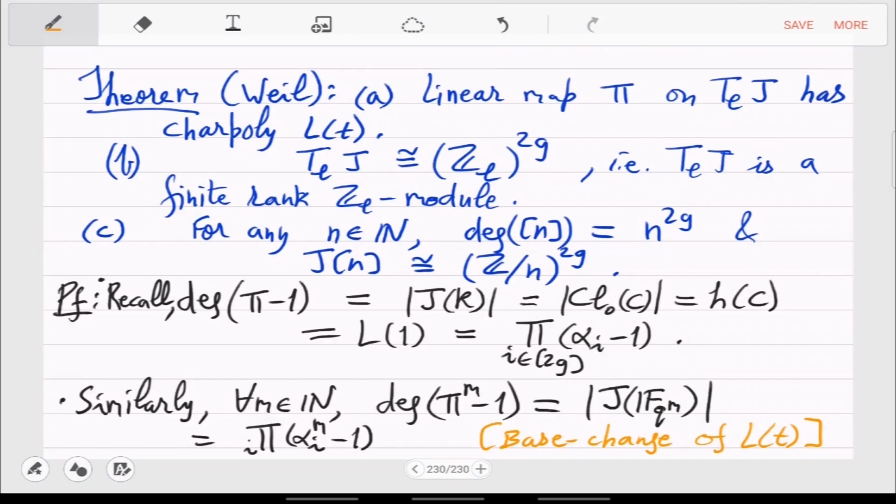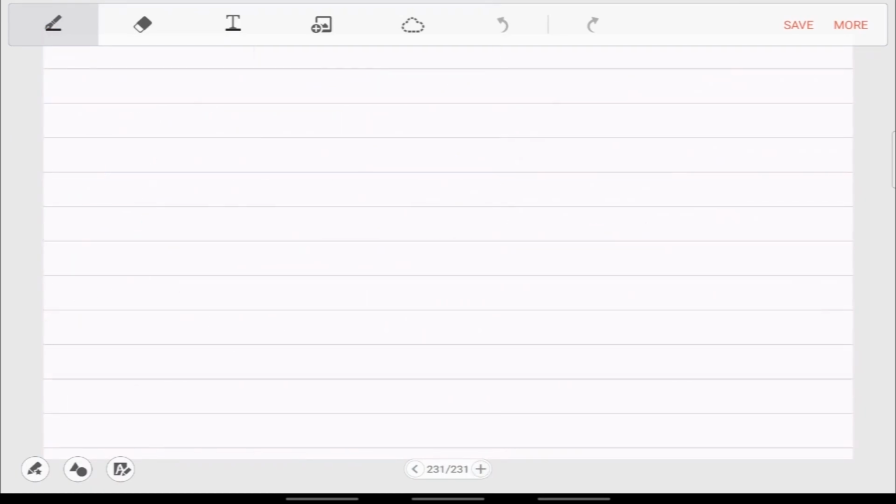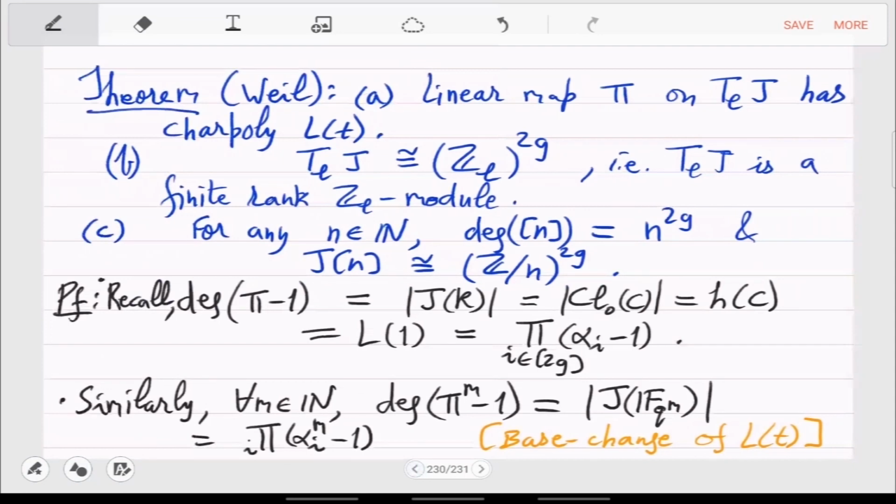Right? This we had seen in detail. So we have now an understanding of the degree of pi raised to m minus 1 for all m. It's just the product of alpha i to the m minus 1. So that's all you have to interpret, and then you will get Weil's theorem. So the alpha i's were in the complex numbers, but we can also see them as L-adic.